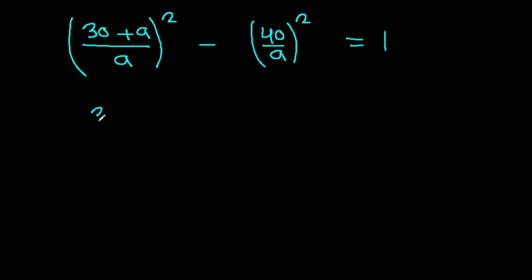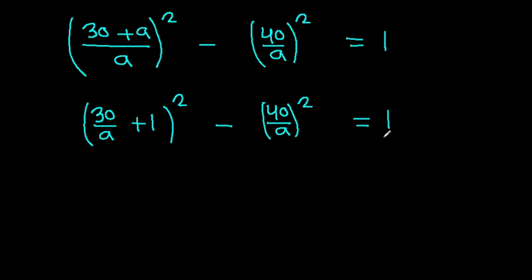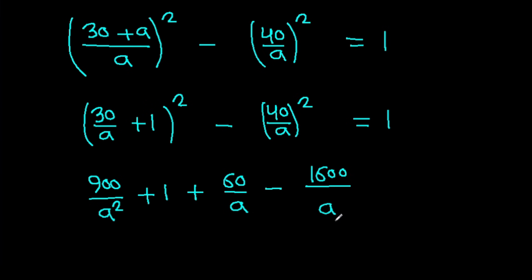And it is (30 over a plus 1) squared minus (40 over a) squared equals 1. And it is 900 over a squared plus 1 plus 2 times 30 over a times 1, that will be 60 over a, minus 1600 over a squared, equals 1.